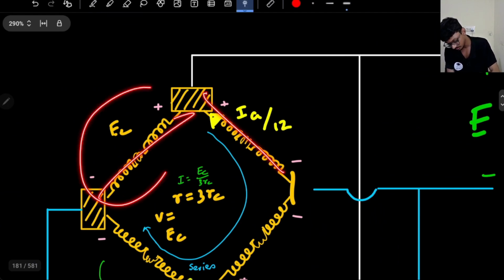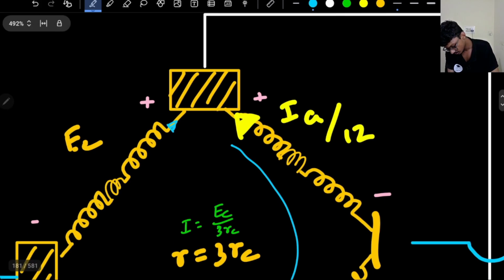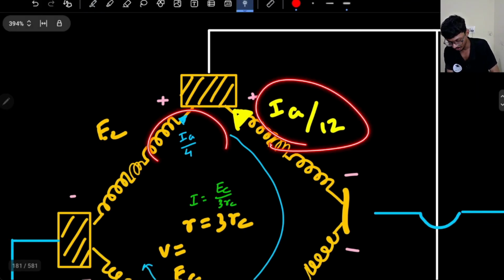This voltage is rated and this coil is totally fine, no problem with it. What is the current here? EC by RC, since this resistance is RC. So IA by 4 current will flow from here, and from the other place IA by 12 is flowing.